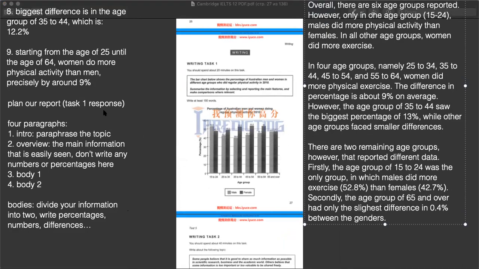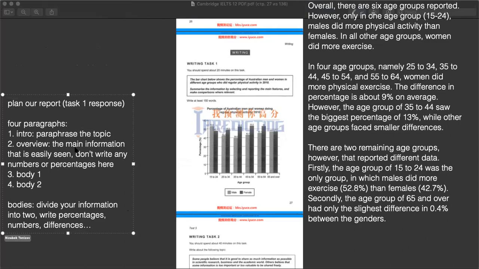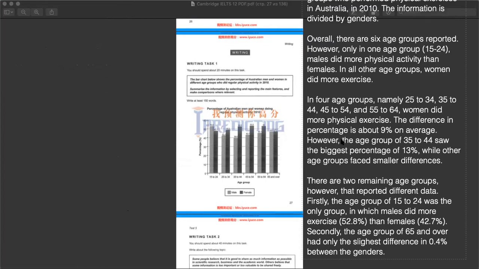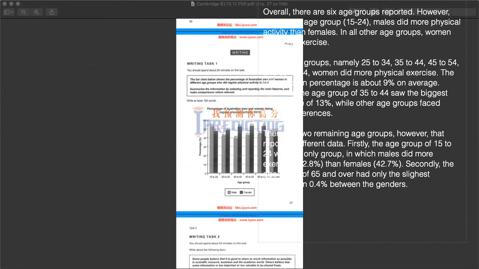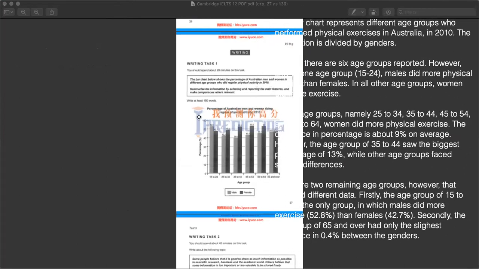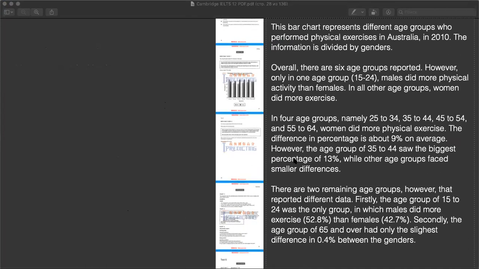Okay. So did we write everything here? We did write about the percentage. Did we write about this? Yep. And did we plan our report? Yes. And now we have this graph. So this is how our task one looks. But it's only my opinion, okay?